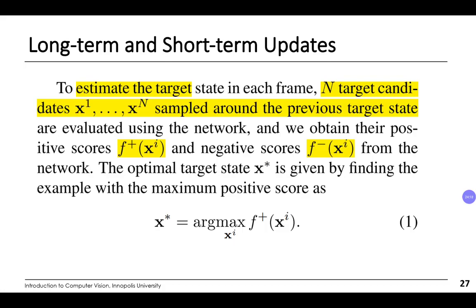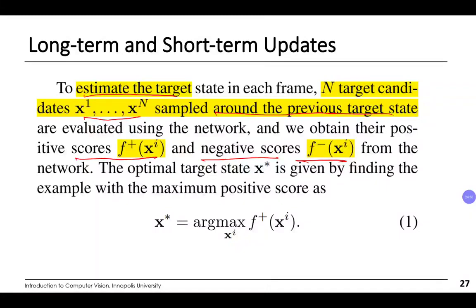So here, to estimate the target state in each frame, target candidates are sampled around the previous target state, and they are evaluated using the network. And if the network classifies them correctly, then you can say this is a positive example, and those with negative scores you will consider as negative examples for the network.